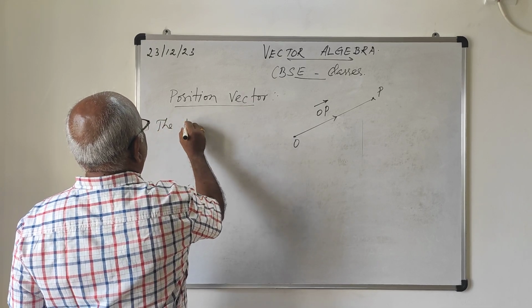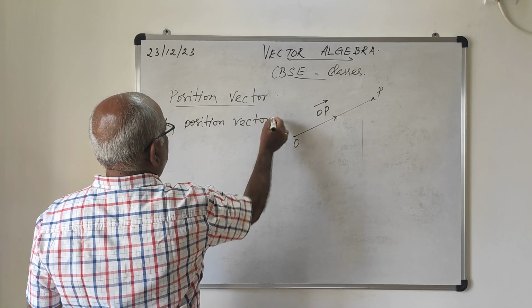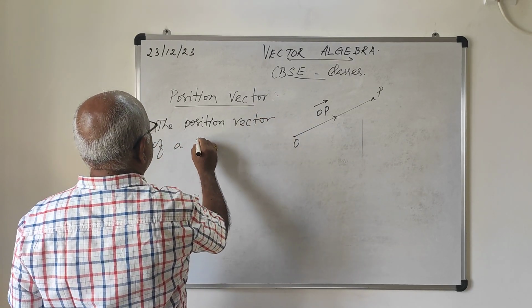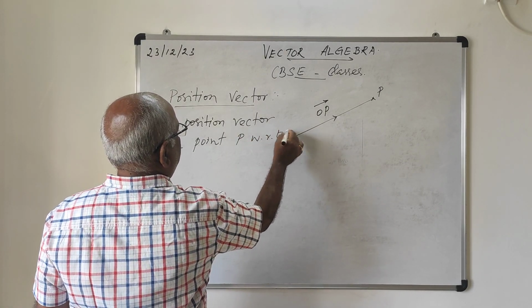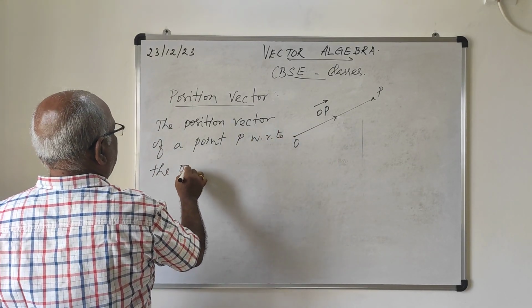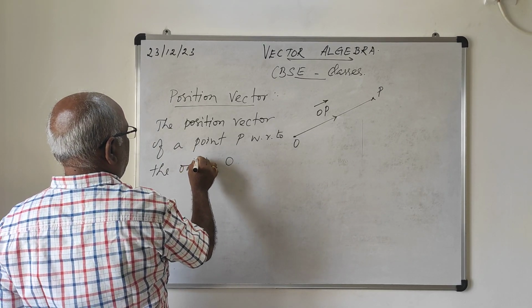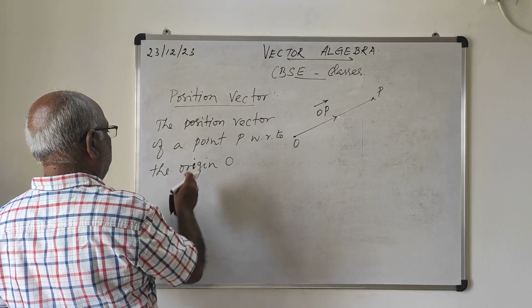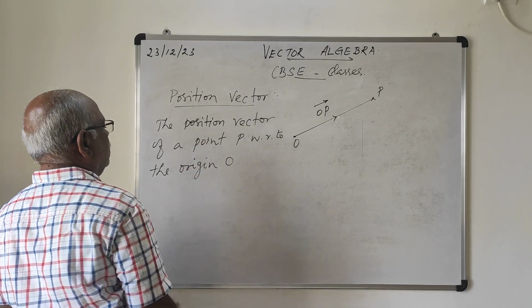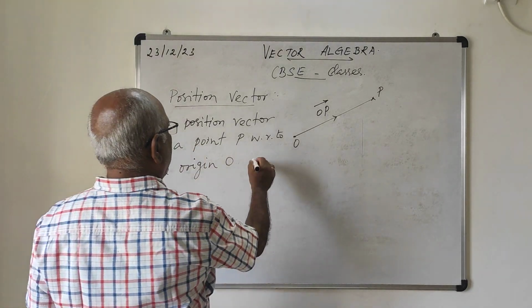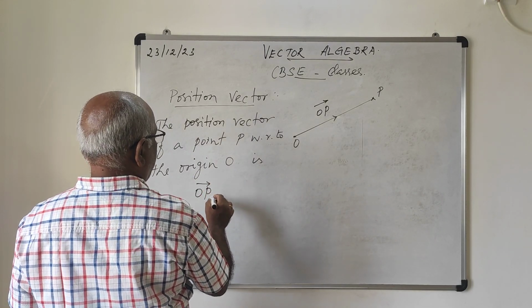The position vector of a point P with respect to the origin O is defined by OP vector.